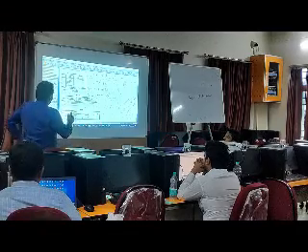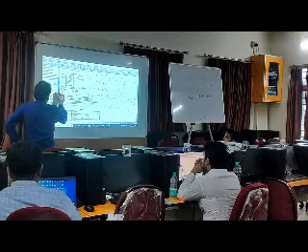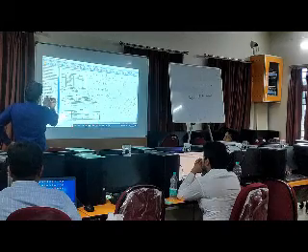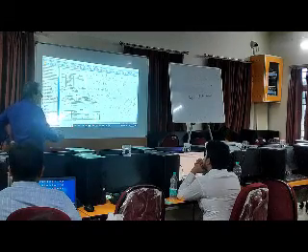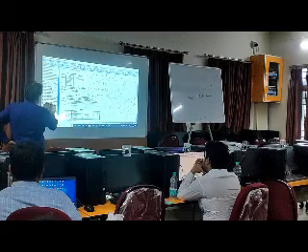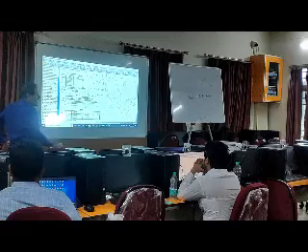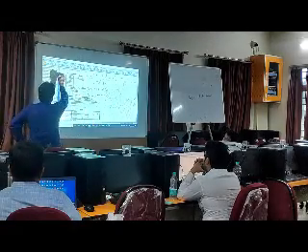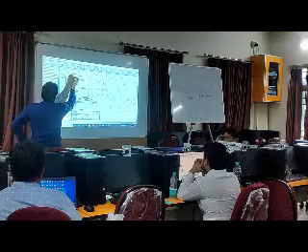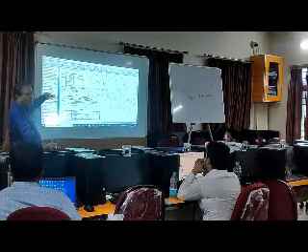If the autocorrelation value is minus 1, negative autocorrelation, then the Durbin-Watson value becomes 4. And if autocorrelation is plus 1, then the Durbin-Watson value is 0. So from this we can decide that Durbin-Watson lies between 0 and 4, because the lower limit is 0 and the upper limit is 4.